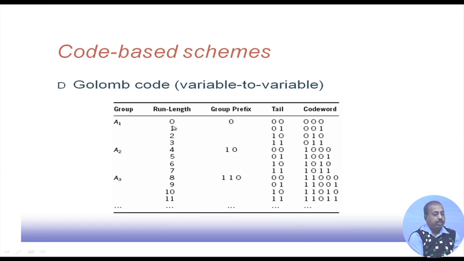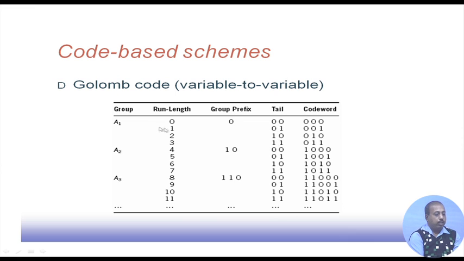Then for each group we have a group prefix. For group A1 the group prefix is 0, for group A2 the group prefix is 10, for A3 it is 110. Now, individual run lengths within a group are coded with individual tail patterns. Say there are four run lengths in each group, so they are coded as 00, 01, 10 and 11.